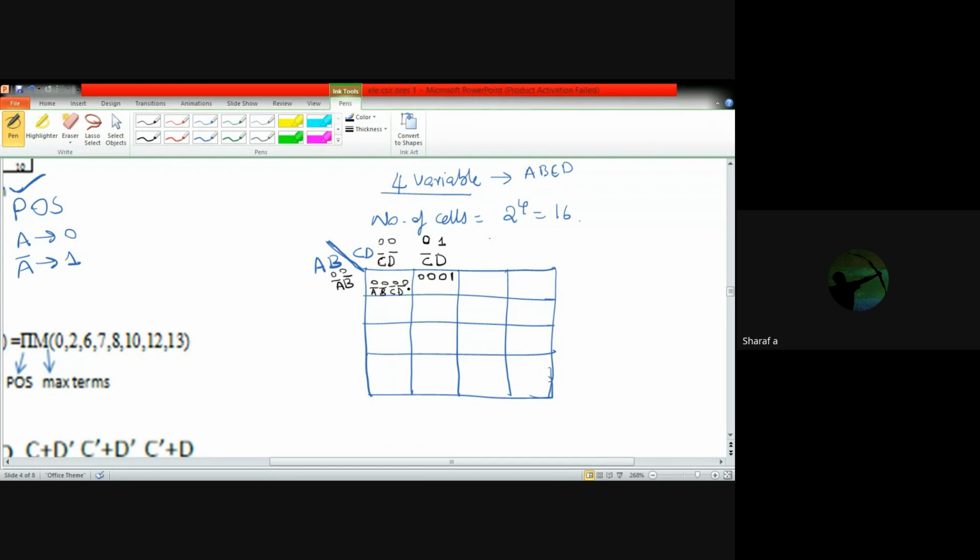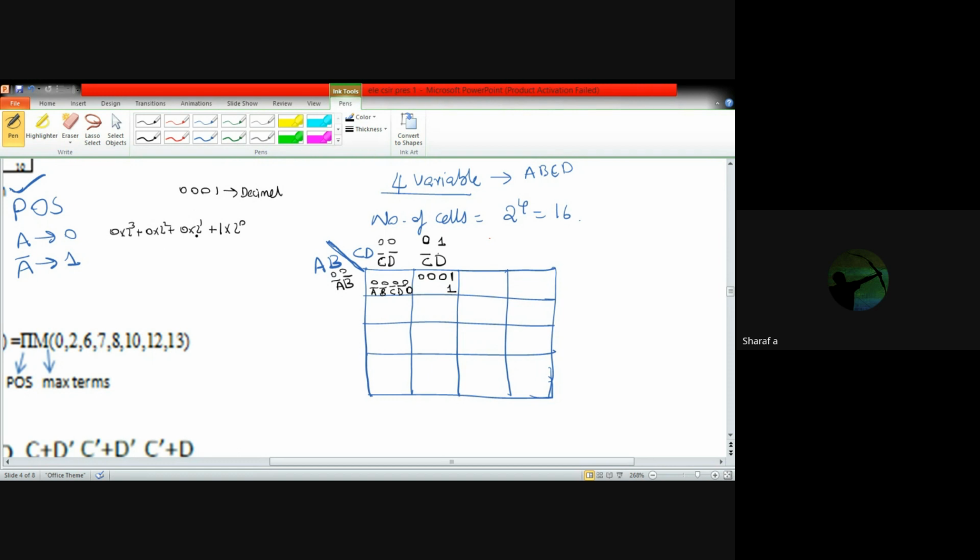So 0, 0, 0, 0 represents 0, the decimal equivalent. 0, 0, 0, 1 represents 1. When you convert that into decimal, what do you have to do? 1 into 2 raised to 0, the last digit, plus 0 into 2 raised to 1, plus 0 into 2 raised to 2, plus 0 into 2 raised to 3.